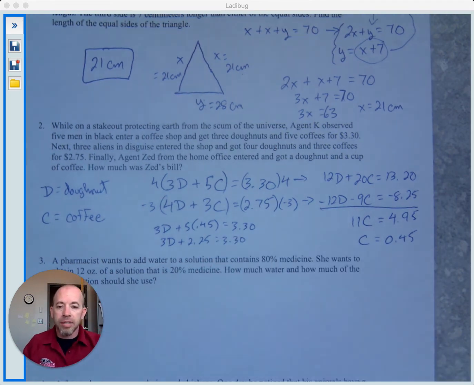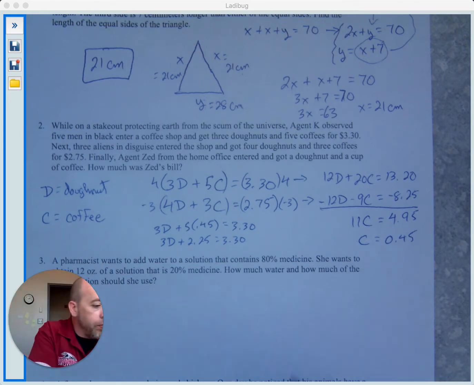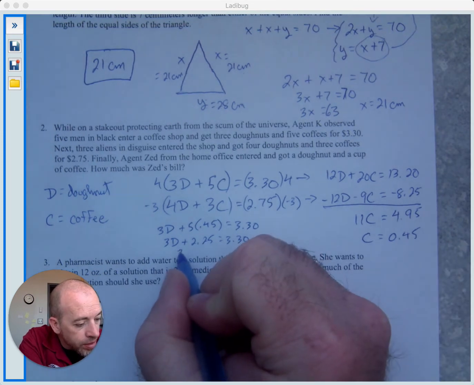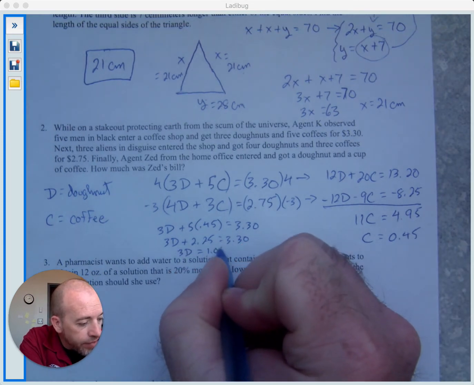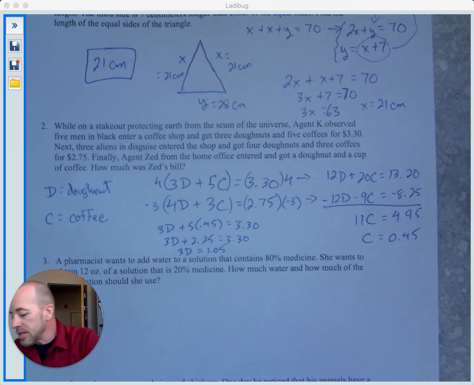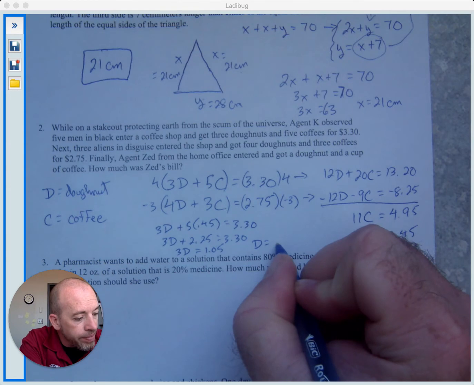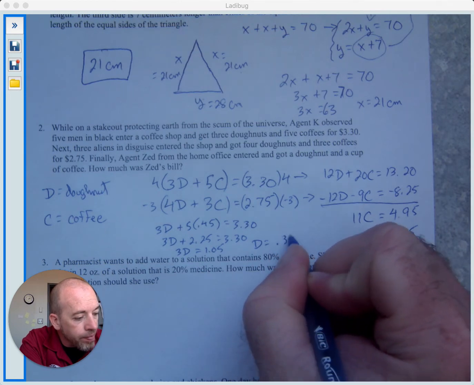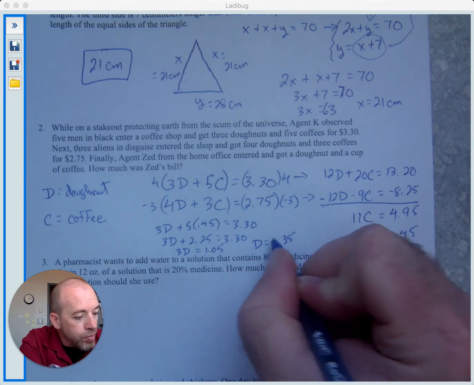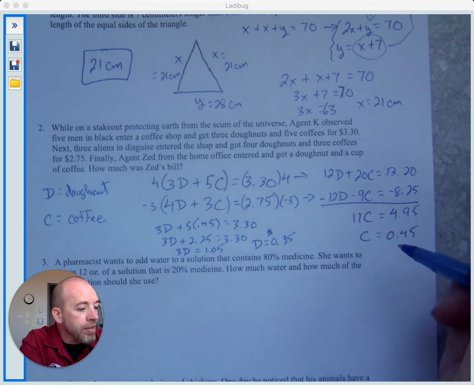We subtract the 2.25, so 3.30 minus 2.25 is 1.05. So we get 3D equals 1.05. And we divide by 3. We get 35 cents. Donut for 35 cents. Not bad, right? So donuts cost 35 cents.